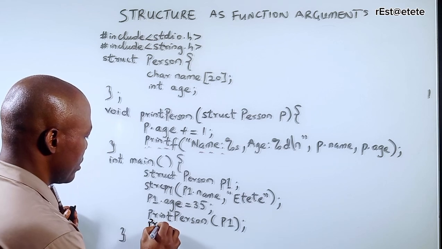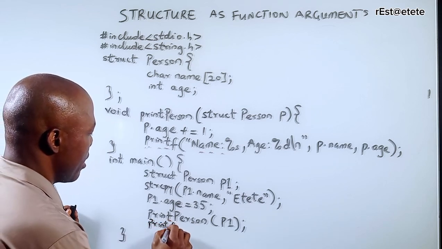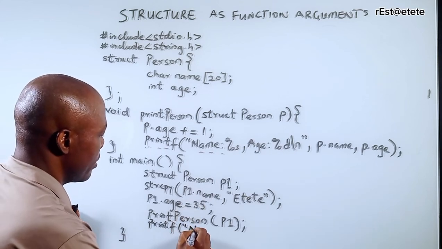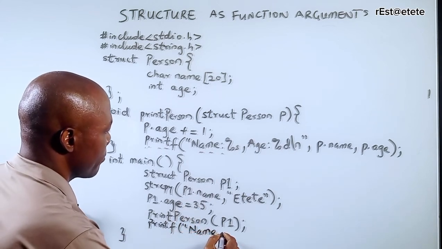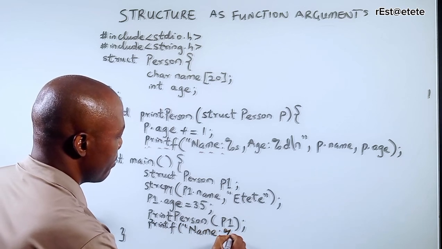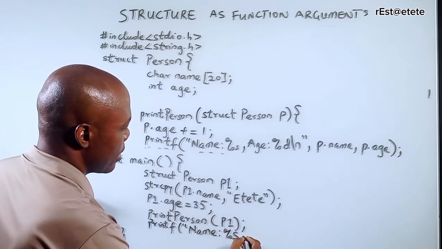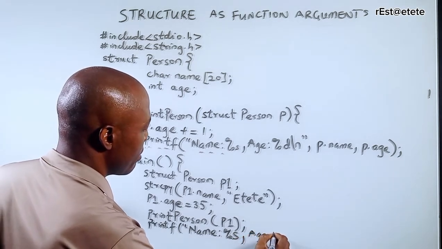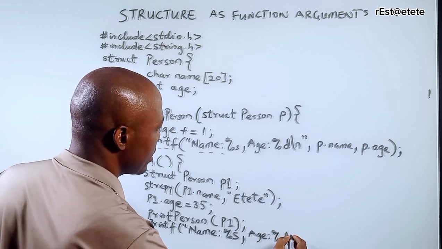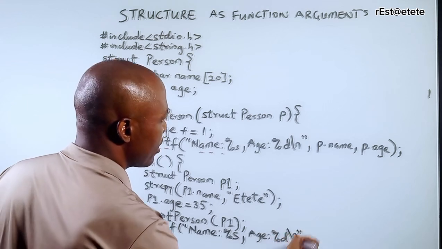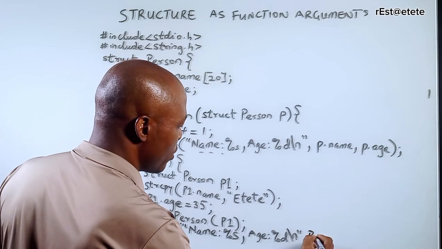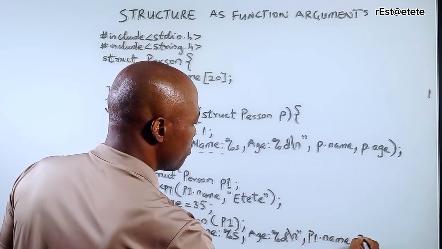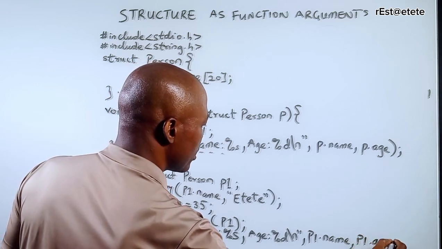I will say printf, then I'll bring this down: name %s, comma, age %d, backslash n, comma. This one will be p1.name, and p1.age.